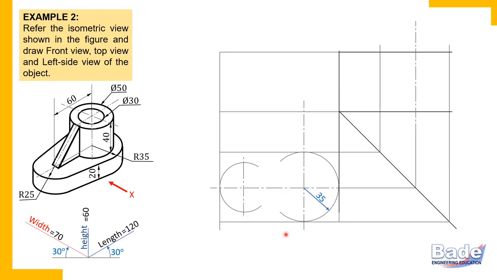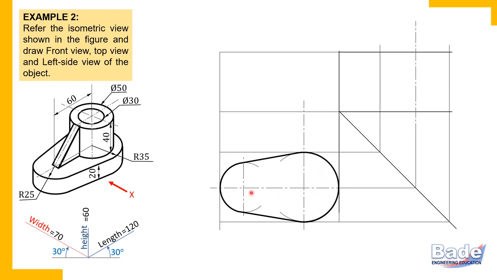So simply draw a tangent here to the curves and a tangent here. Let's do that. So this is tangent to the two curves, and here also tangent to the two curves. Once you get these tangents, you know how much portion of each curve is at the boundary. Make those portions dark. So this is how we have completed the shape in the top view.